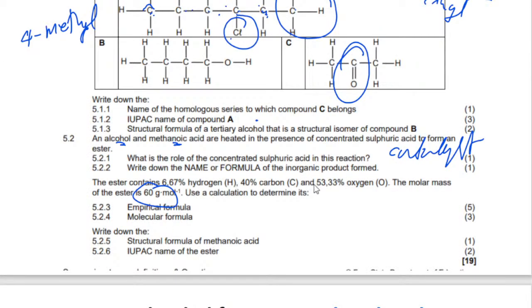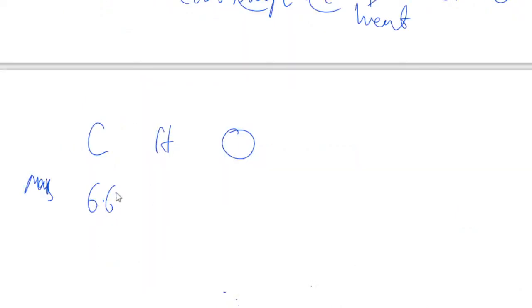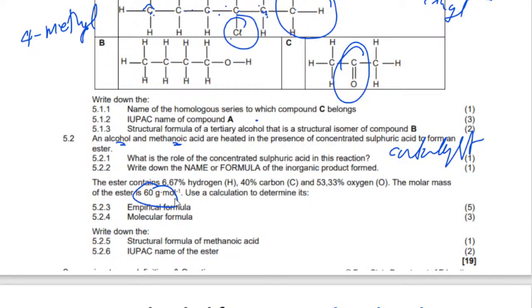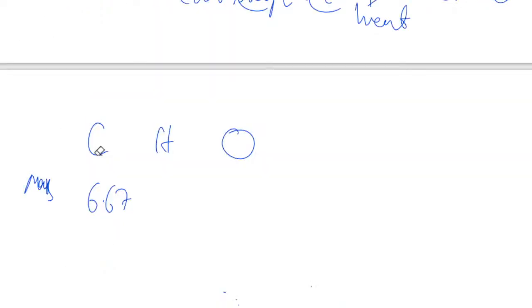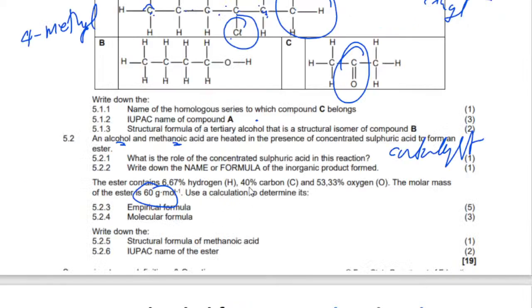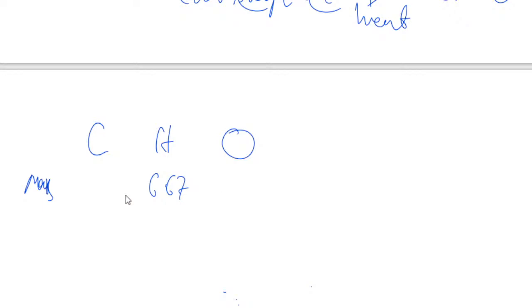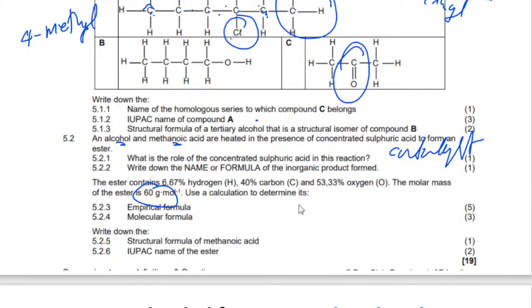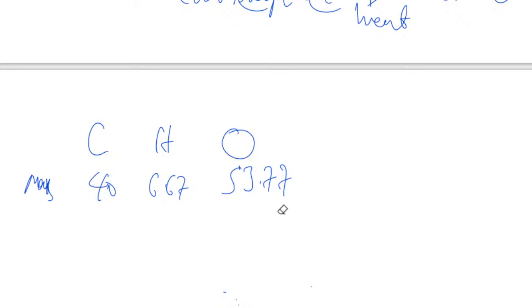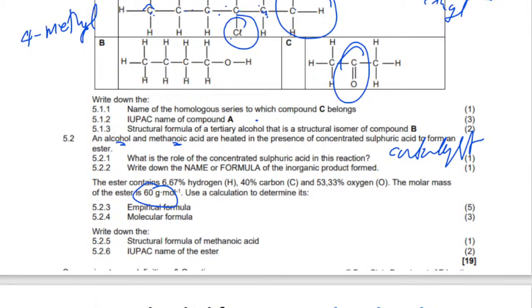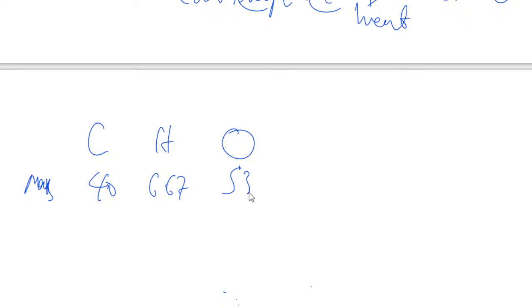They have given it in terms of percentage: carbon is 40, hydrogen is 6.67, and oxygen is 53.333.